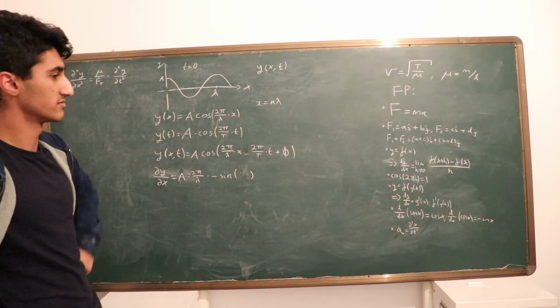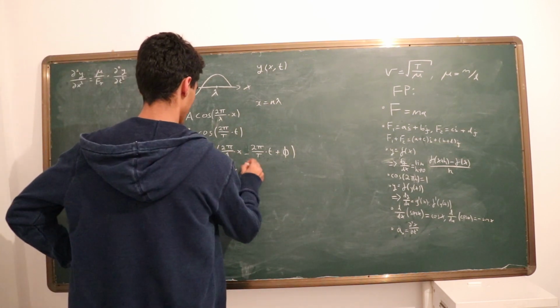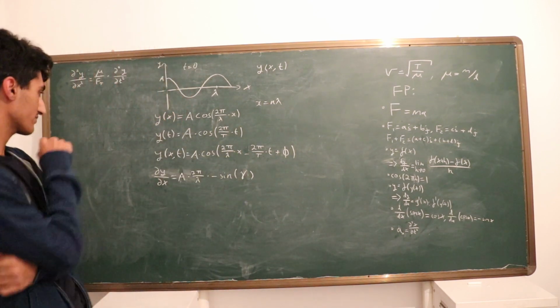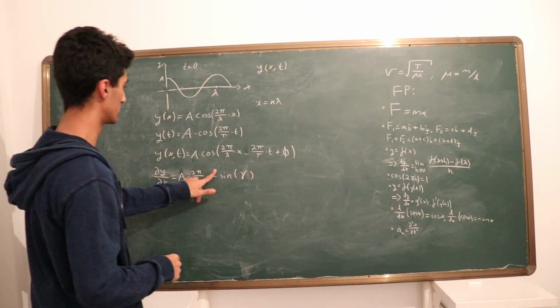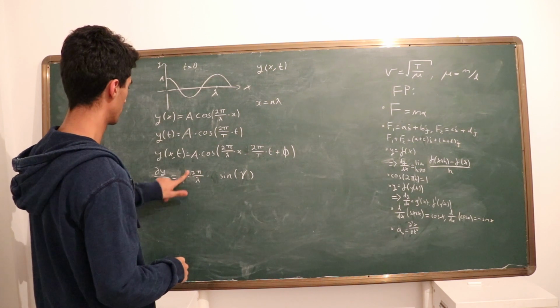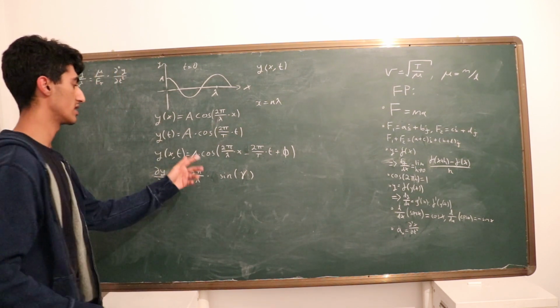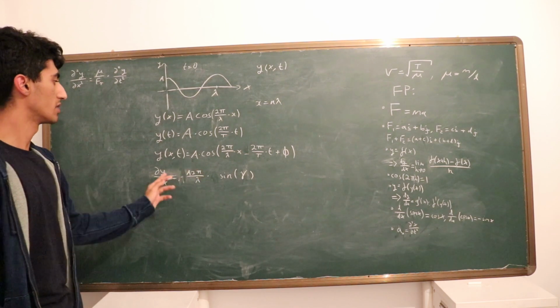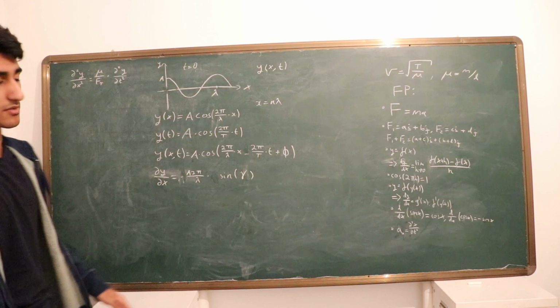It's a nice letter. I love using Greek letters. Okay, so we simplify that, so that's going to be minus 2a pi over lambda times sine of gamma.